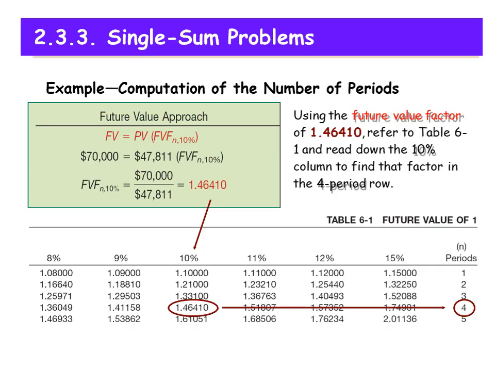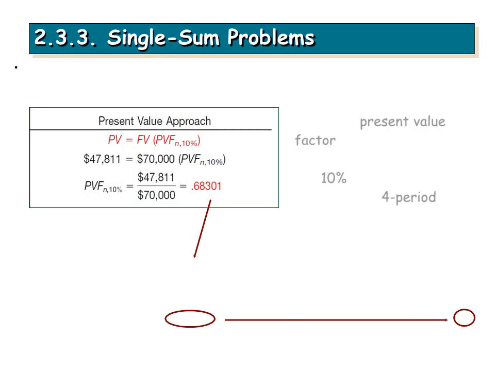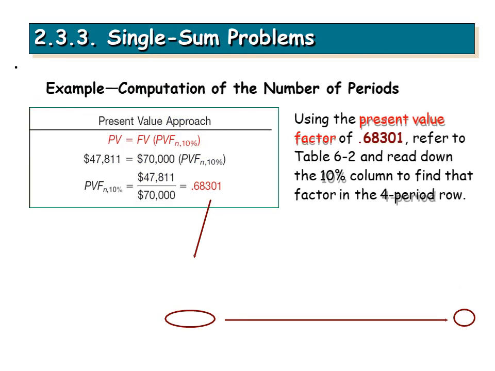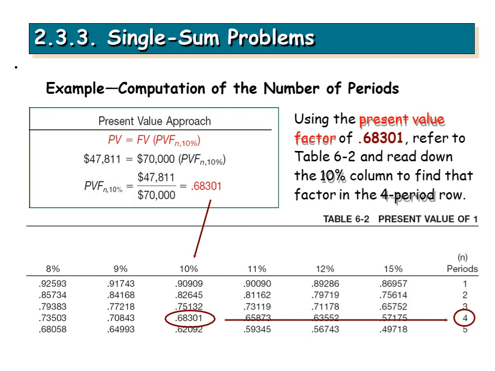And also the present value approach. In the formula, we can get present value equal to future value over 1 plus i to the power of n. Our present value approach is present value equal to future value times the present value factor.